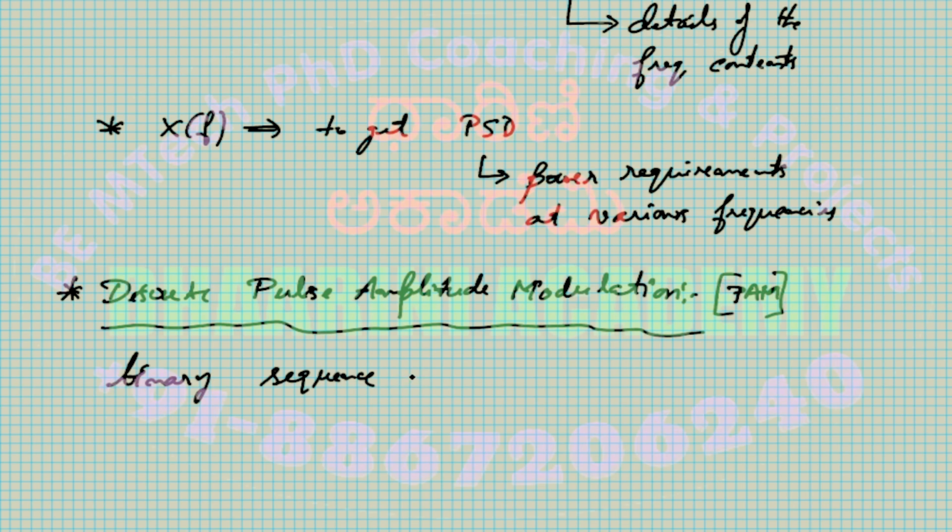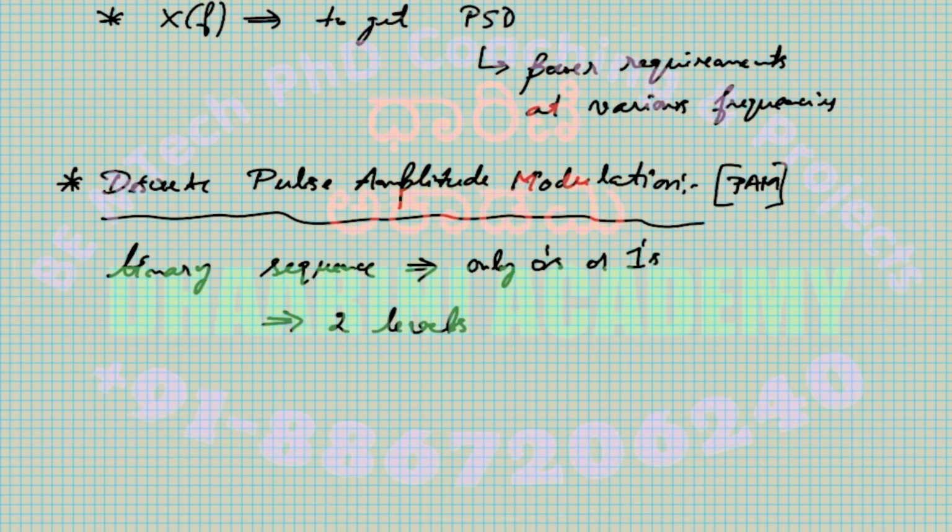A binary sequence contains only either zeros or ones. So when you have simply zeros or ones, you can have only two levels. Correct? Fine.